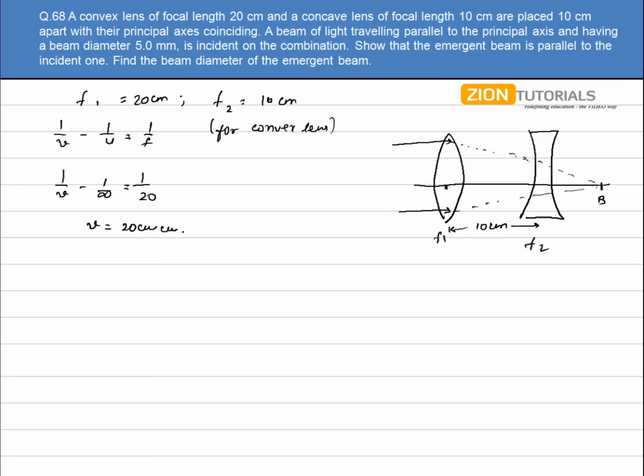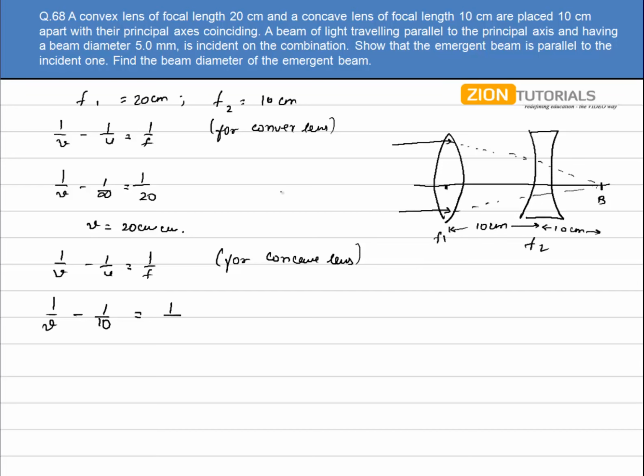Alright, now the focal length of the concave lens is also 10 cm. So if I apply the same lens formula for the concave lens, then the object is kept at 10 cm to the right hand side of the lens, so it will be 1 by v minus 1 by 10 is equal to the focal length.